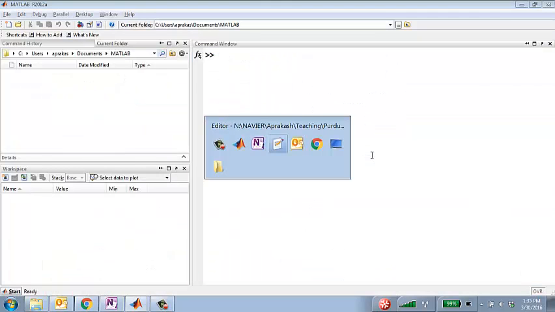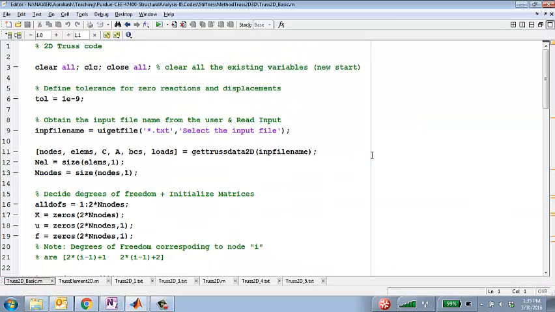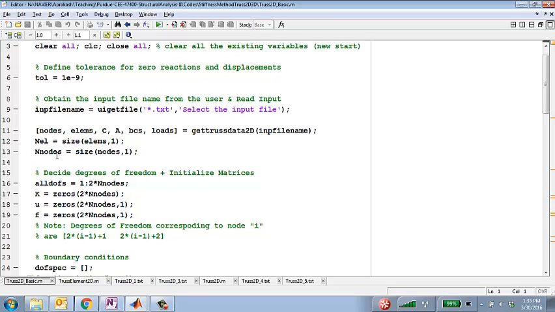I had been showing you which parts of the code correspond to which sections of this stiffness method. So very quickly, I'll remind you that in this code, what we initially did was set up these empty K, U, and F matrices. So maybe I'll again place a breakpoint here.